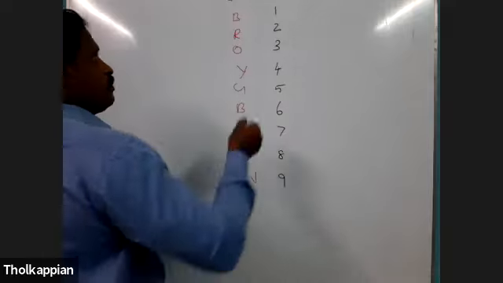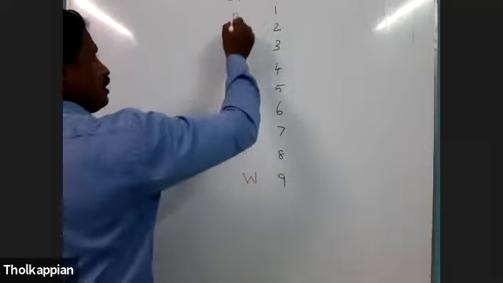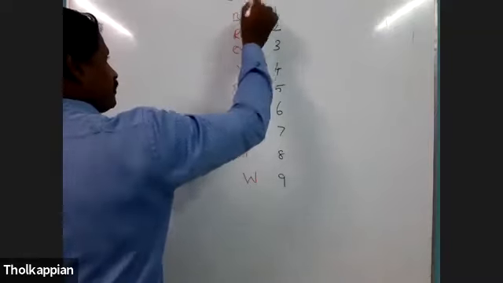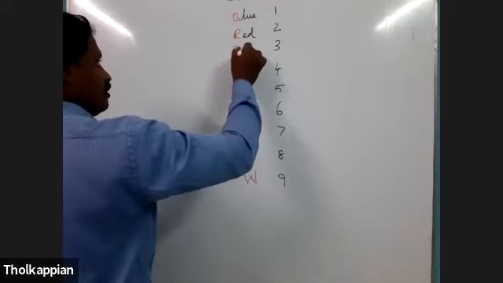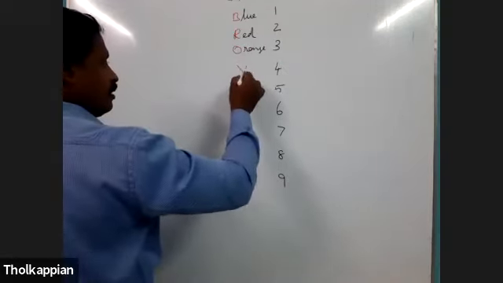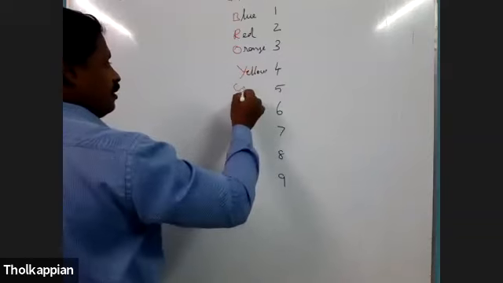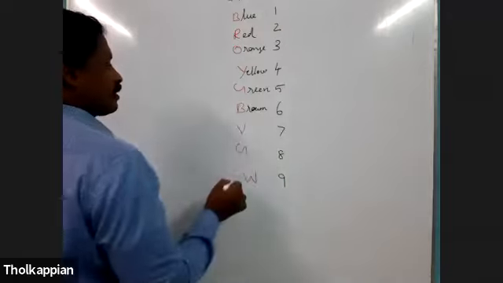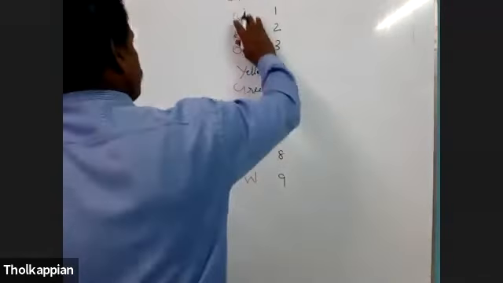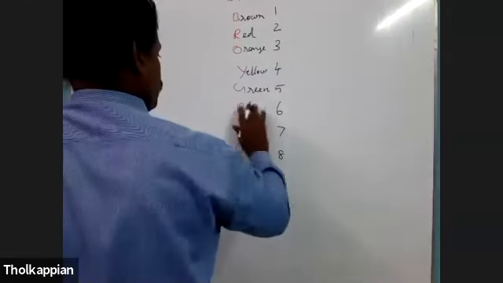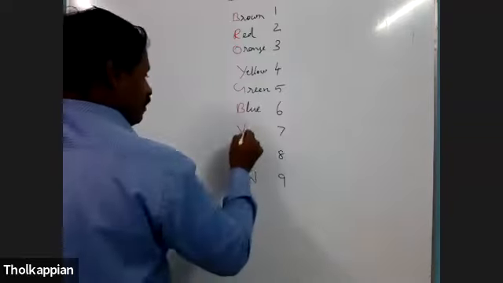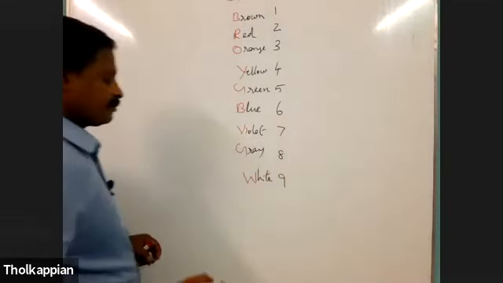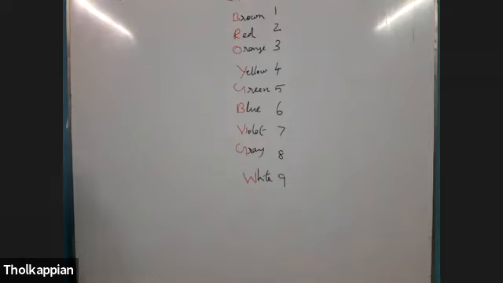The first color is black, the second is brown, the third is red, the fourth is orange, the fifth is yellow, then green, then blue, this is violet, and this is gray, and this is white. Okay, these are the color codes.